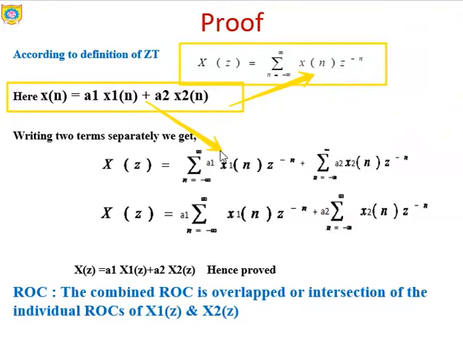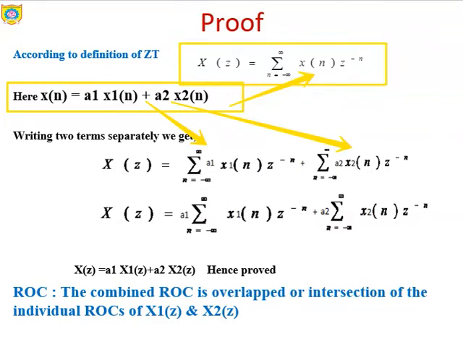Writing the two terms separately, we will get X of z is equal to summation a1 times x1 of n z raised to minus n after splitting it. For the second term it will be plus summation n equal to minus infinity to plus infinity a2 times x2 of n z raised to minus n.